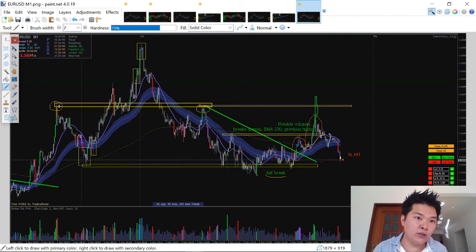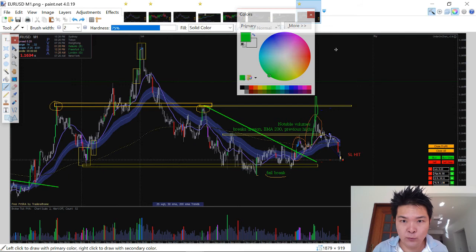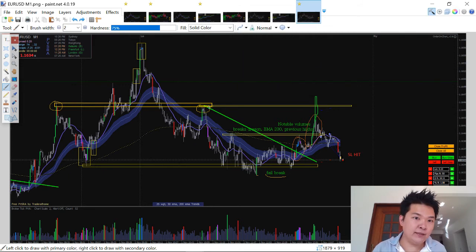Because once it broke this level and bounced all the way back here, it would be more likely that this thing would be a bullish trend. Why? Because here I have a much older resistance. So once it broke this resistance and bounced back, then from this moment it will be more likely that it will go all the way here, and then try to target the next key level, which is here.